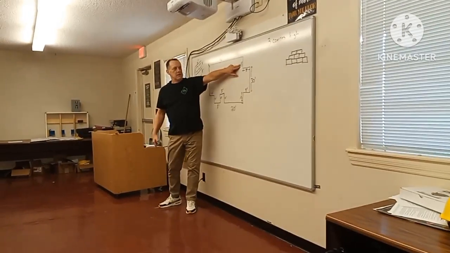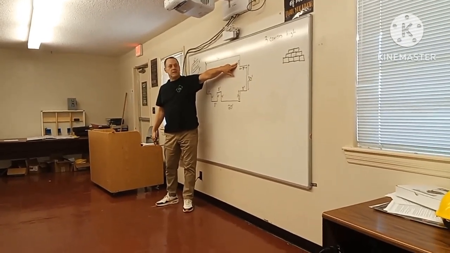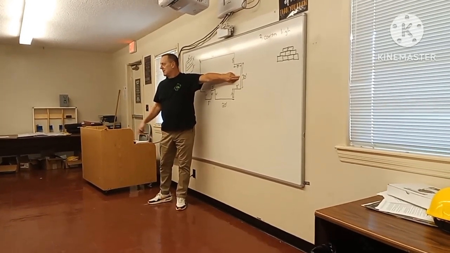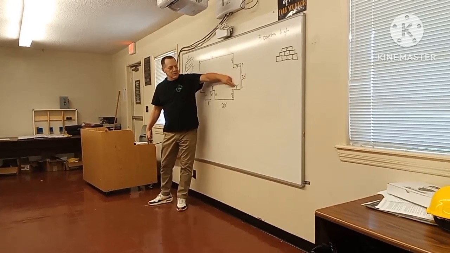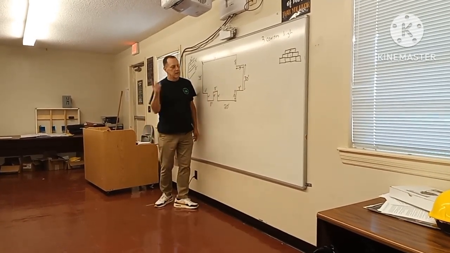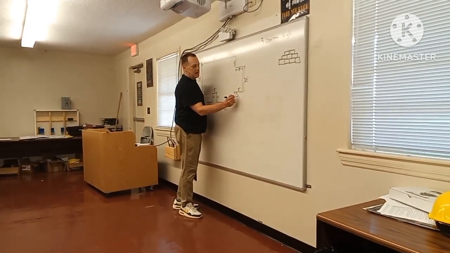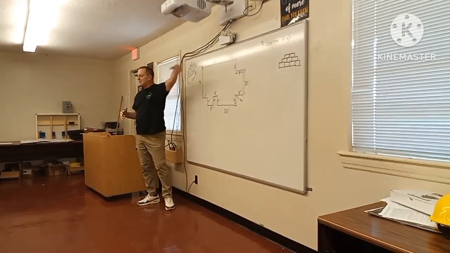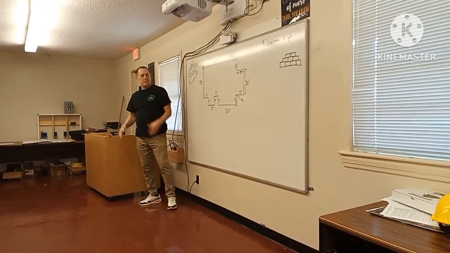46 plus 8, 54. 54, 62. 62, 92. You staying with me? 92, 100. Here's a good point. Right there I might even write a 100 so I know that's where I got to, in case I lose my spot.